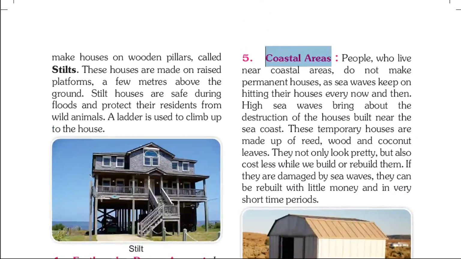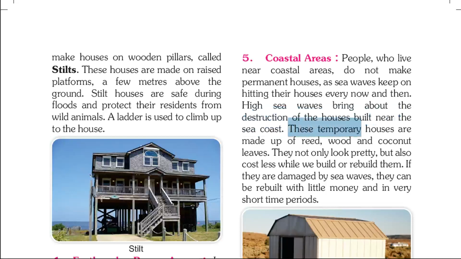Coastal areas. People who live near coastal areas do not make permanent houses, as sea waves keep on hitting their houses every now and then. High sea waves bring about the destruction of the houses built near the seacoast.